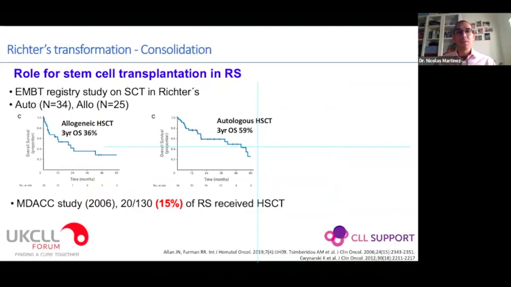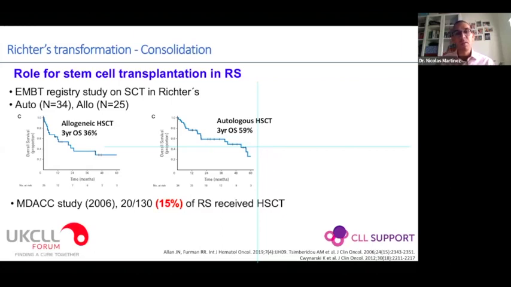There is a role for stem cell transplantation in Richter's. This is work that was led by Kate Swinerski from UCL a few years ago, doing an EBMT registry study, finding out how many patients have had some sort of stem cell transplant after having remission with Richter's chemotherapy, given the fact that the remission is very short.